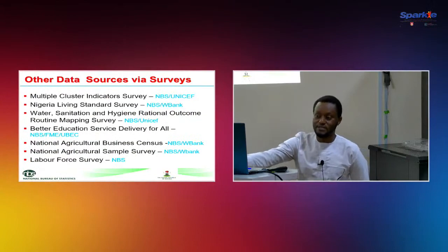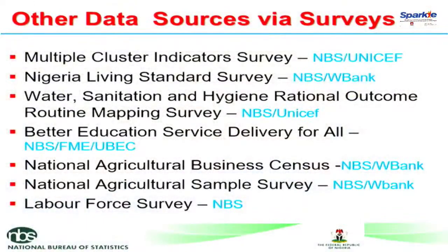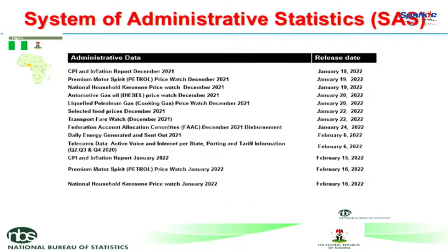We have BESDA, which is Better Education Service Delivery for All, also sponsored by Federal Ministry of Education and UBEC. Then we have National Agri Business Sample Census survey by World Bank, and labor force also, which is done quarterly by National Bureau of Statistics, the labor force survey.